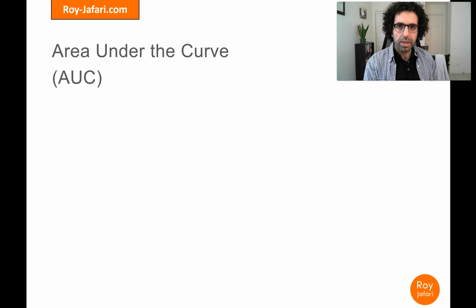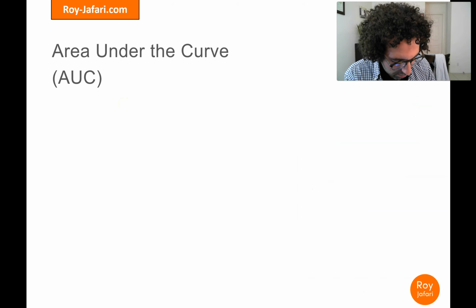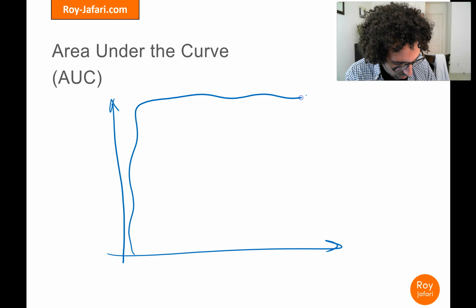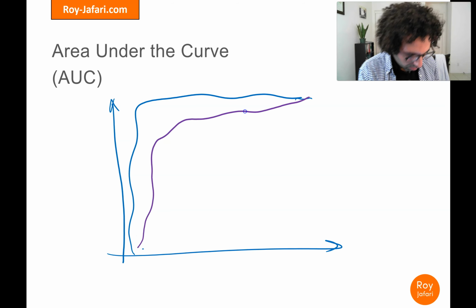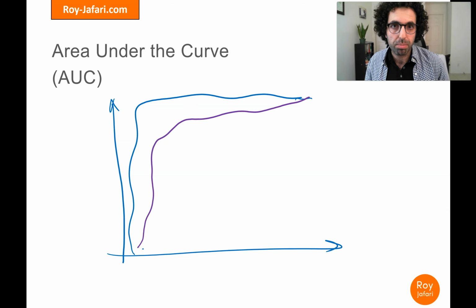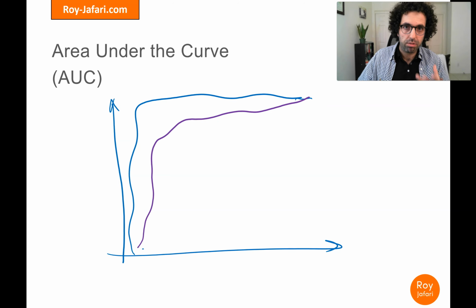So what is the area under the curve? As great as the ROC curve is, it's a really nice visual tool, but for us to use it, we have to engage human participation. You have to look and see which one is doing better.